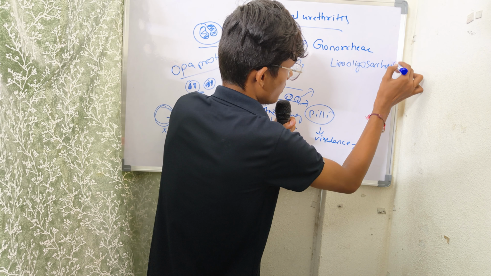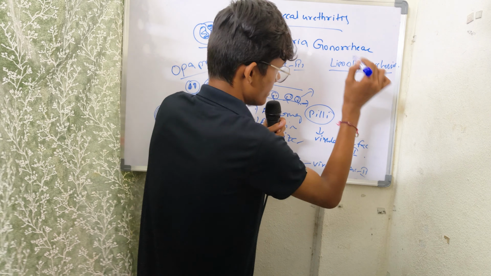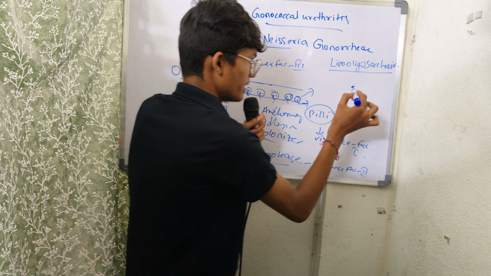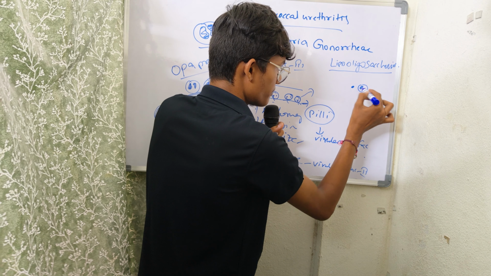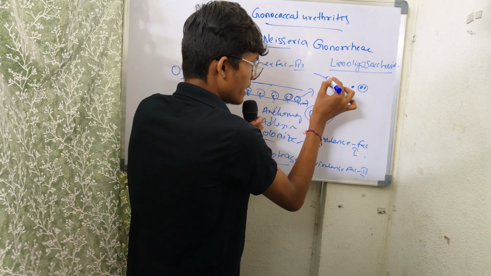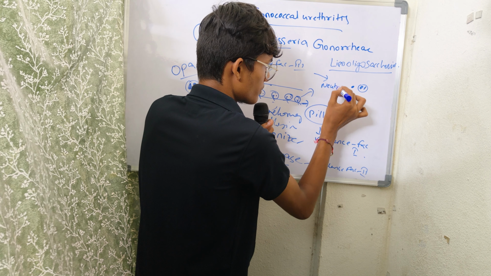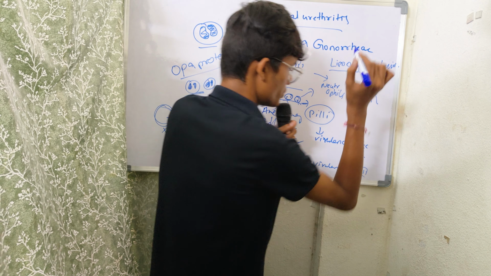Now there is one more thing which is produced, that is lipo-oligosaccharide. If this is the lipo-oligosaccharide released by our diplococci, it attracts the neutrophils. Where is all this happening? In the mucosal tissue.